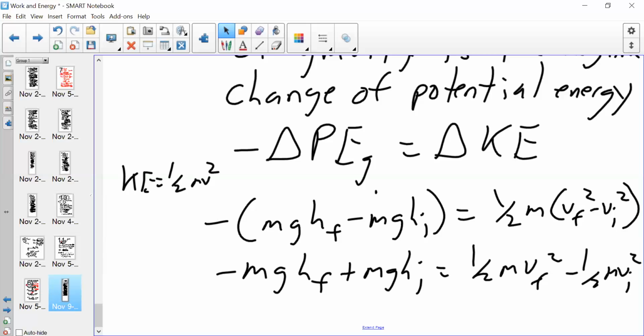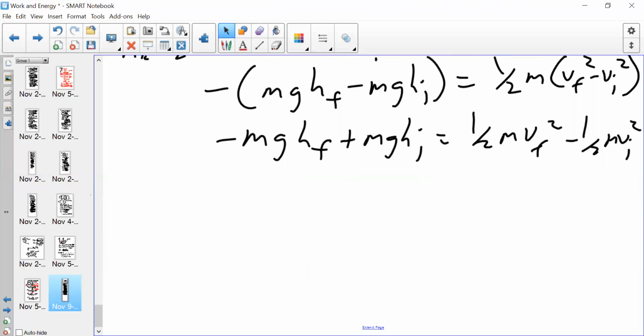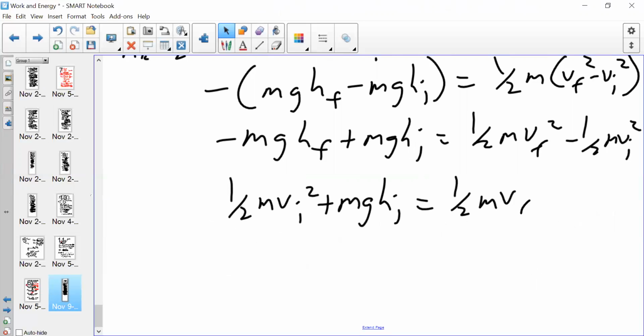Put the initial and final terms together, guess what you have? So I'll put the initials on the left, this is the beginning: 1/2 m v initial squared plus mgh initial equals 1/2 m v final squared plus mgh final. What do you think that is?